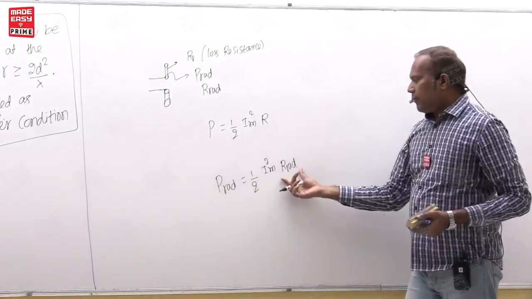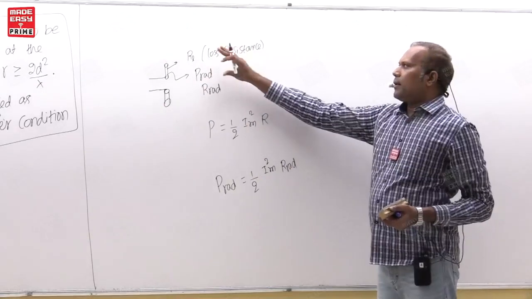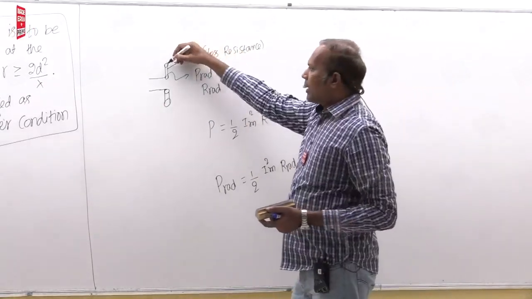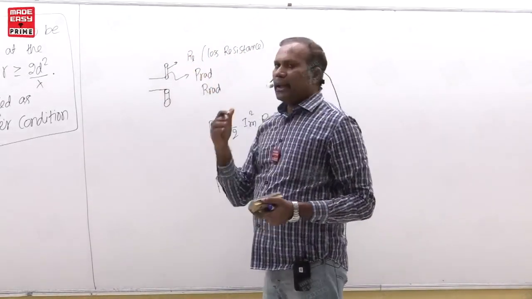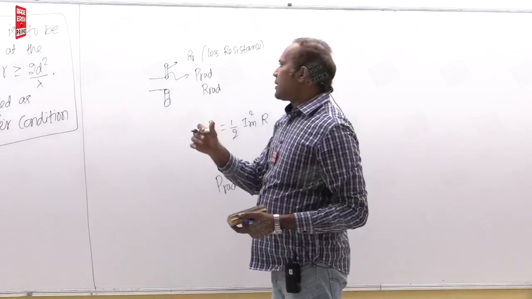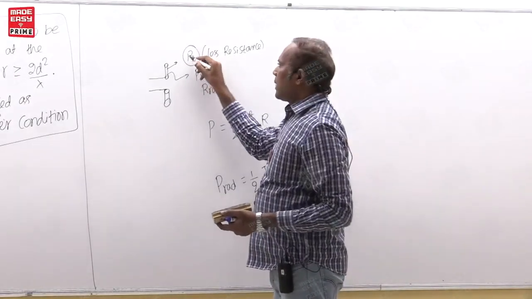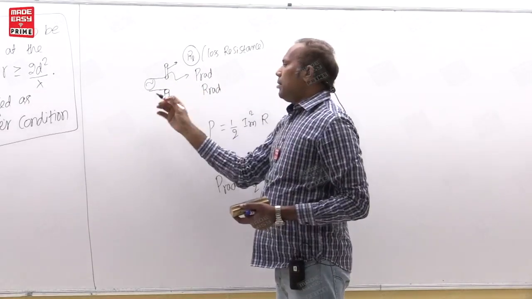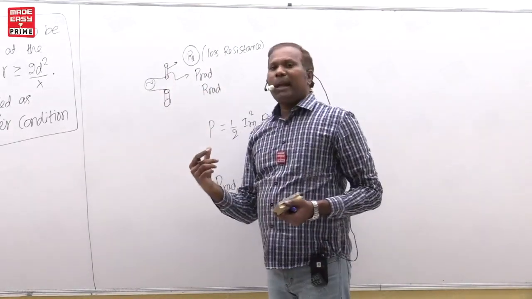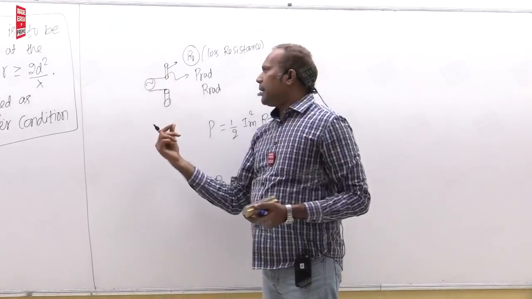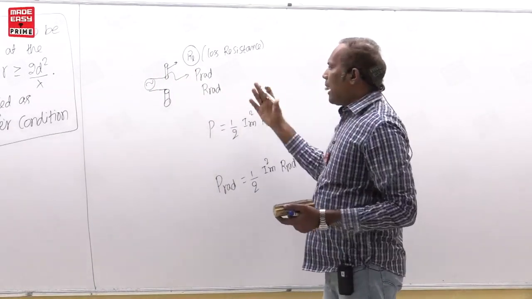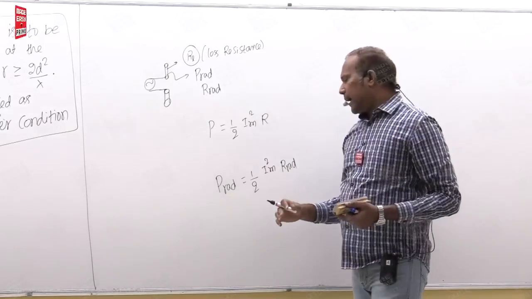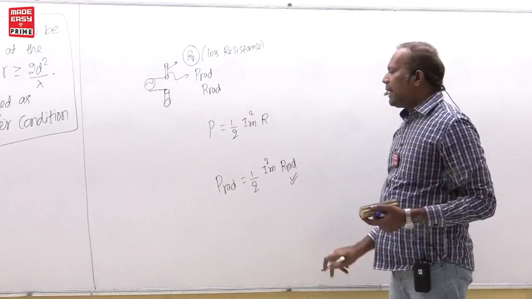Now, whenever current goes in this antenna conductor, there are heat losses, and those are decided by the loss resistance RL. Whenever you supply an electromagnetic wave to this antenna, it radiates power, and how much power is radiated is decided by the radiation resistance.